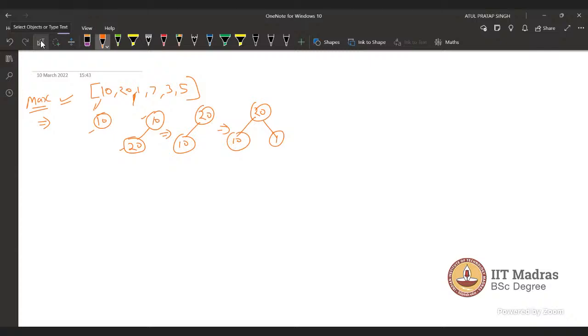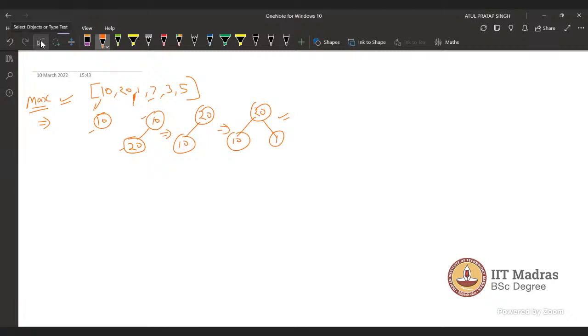We consider that the parent is the largest, and now we will compare the parent value with its child values. 20 is the largest, so we compare with 10, and 20 remains the largest. Now we check the right child, 20 and 1, and 20 is the largest. If the position of the largest is not changed, we keep it the same. So now this is a max heap.